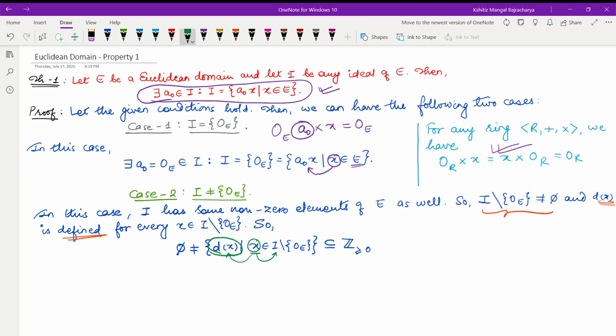Therefore this is a non-empty subset of the set of whole numbers, or the set of non-negative integers. Now, where do we get this from?